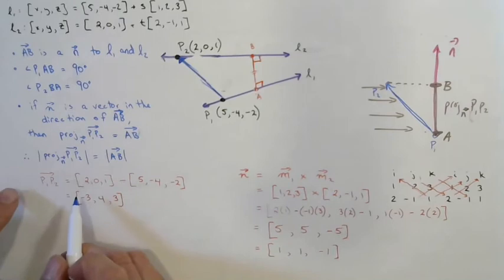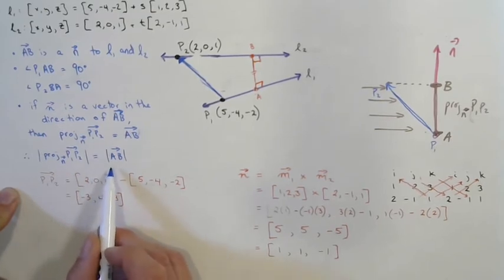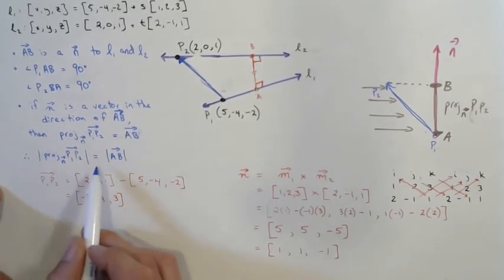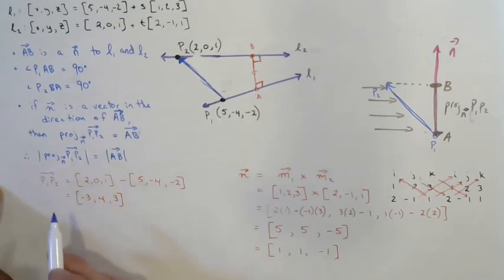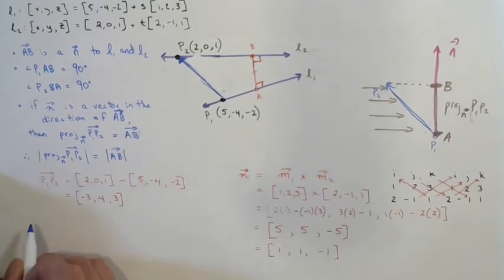Heading back over to the left, we established that the magnitude of the projection of P1, P2 onto N is equal to the magnitude of AB. And we have a formula for this magnitude. This is coming, by the way, from lesson 7.3. These notes are there in order to jog your memory.